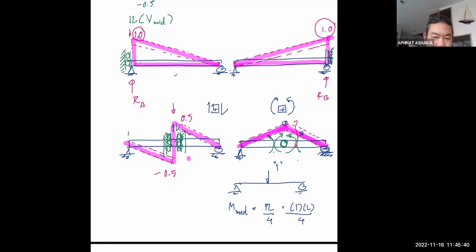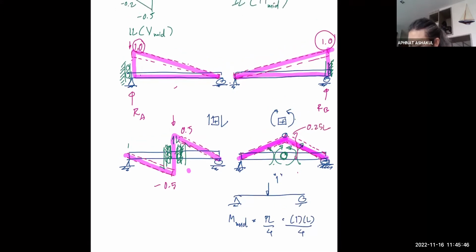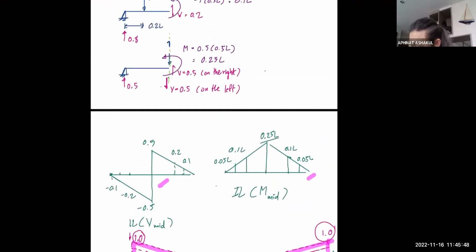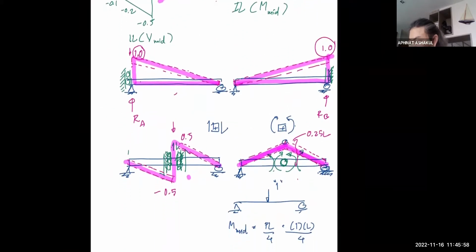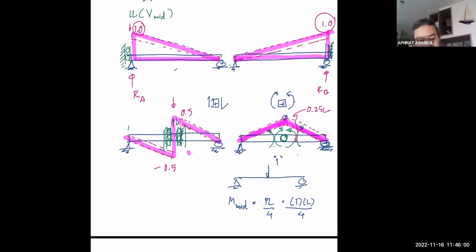So that's 0.25 L, right? Which is the magnitude that we obtain from this free body diagram, right here and right there. Okay, pretty easy, right? So Professor Muller-Breslau was good to us, right?